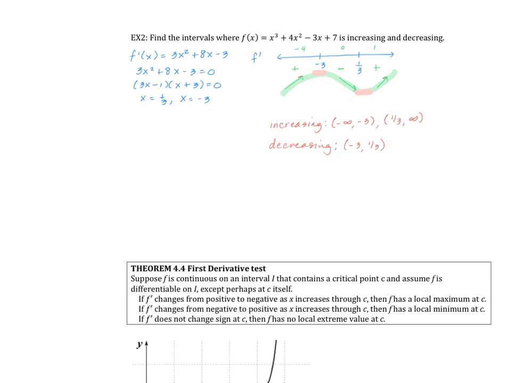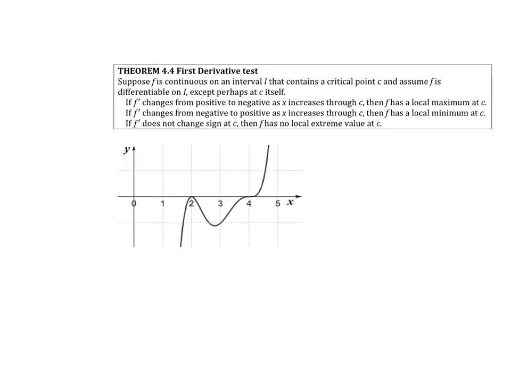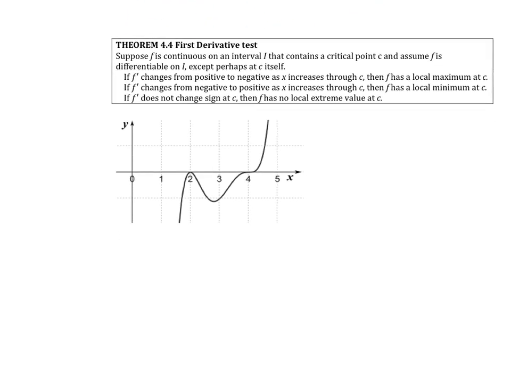And that brings us to our next theorem. Something else that the derivative can tell us is where we have some extrema. In theorem 4.4, we're going to look at some critical points. That would be where the first derivative is 0 or undefined.